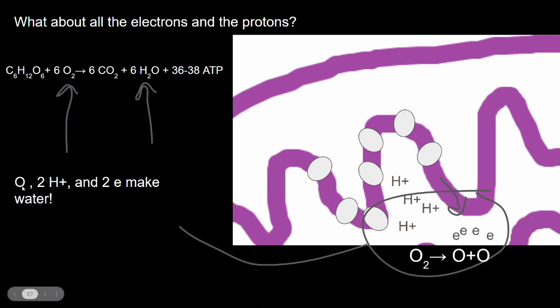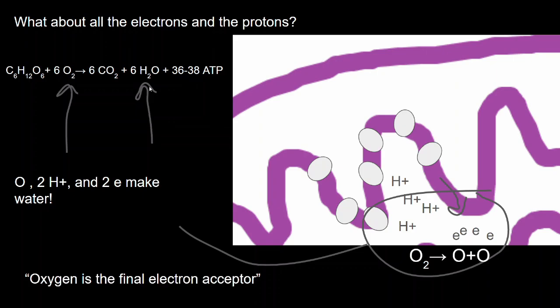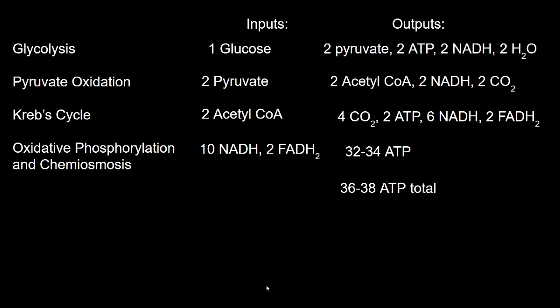So that one oxygen atom joins the two hydrogen ions and the two electrons to create H2O, and that's what you see in the oxygen being consumed and the H2O being released. And an important phrase to learn is that because the electrons get passed down this electron transport chain and then finally end up with oxygen, oxygen is the final electron acceptor.